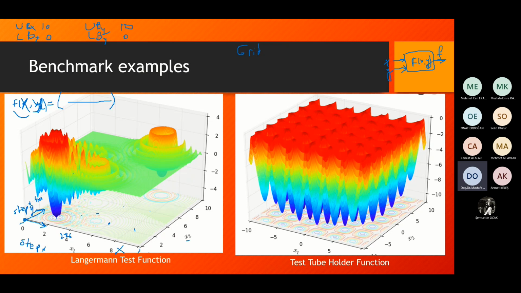We will be increasing x values with the step size, and let's say step x is 2. It means x will get the values 0, 2, 4, 6, 8, and 10 when y was 0. Then we will increase y value by step y.